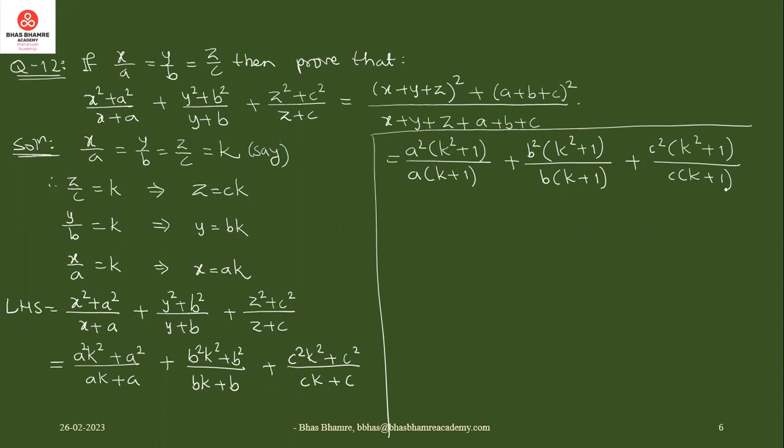You must observe how I am working out. Now here, if you observe, then you can say here a, a; b, b; c, c.